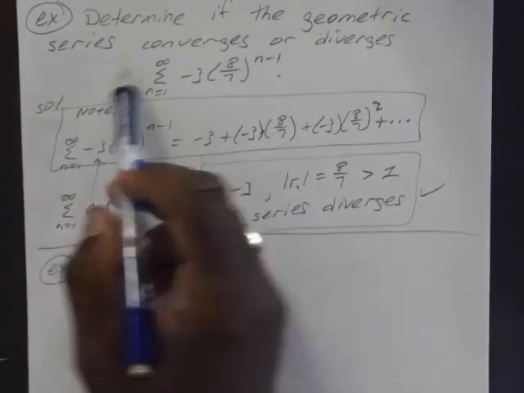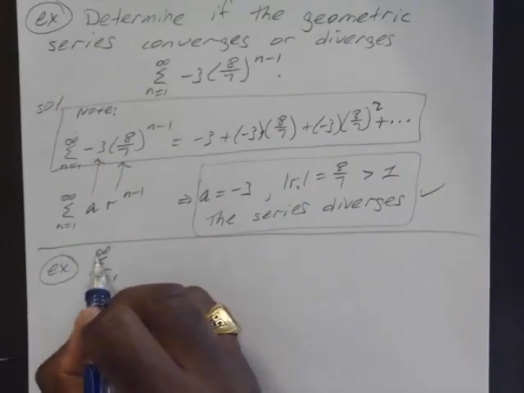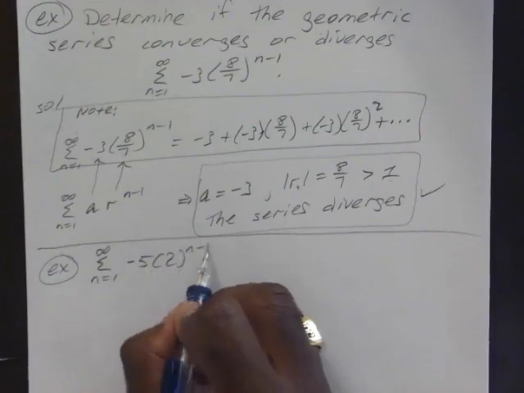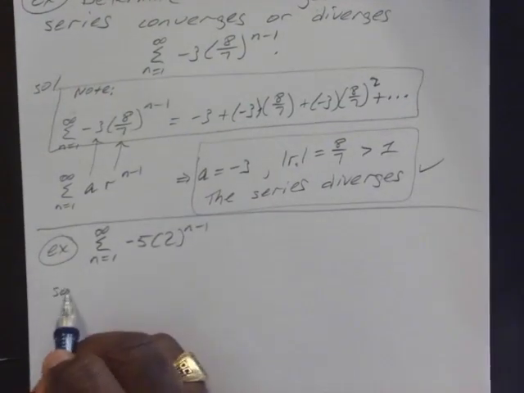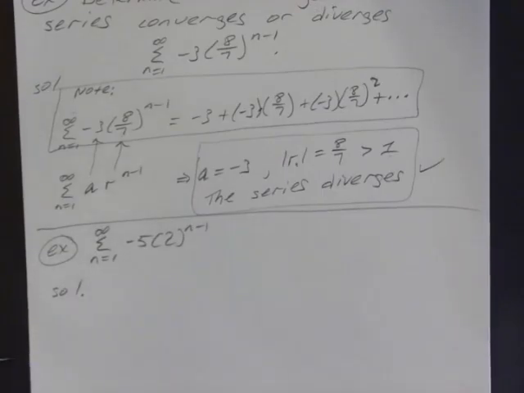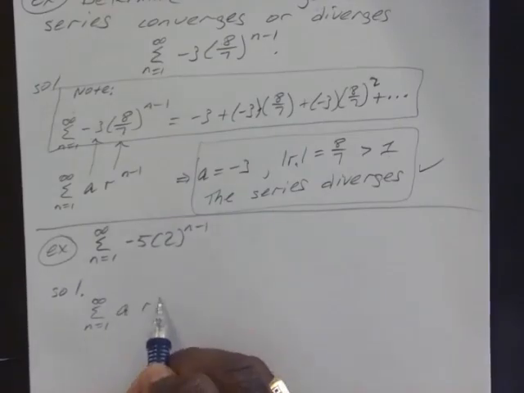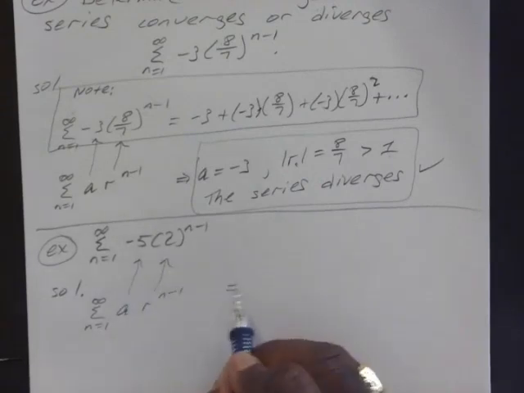Okay. So what if we had the same question, but it was for the sum from n equals 1 to infinity of -5 times 2 to the power of n minus 1. So again, if we have the sum from n equals 1 to infinity of a times r to the power of n minus 1, we match those up.